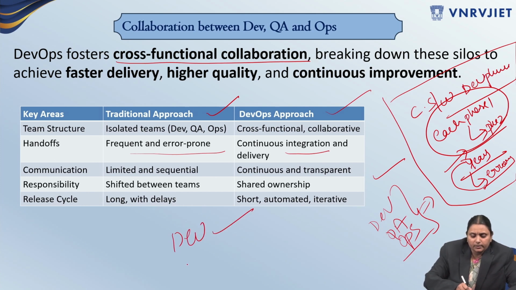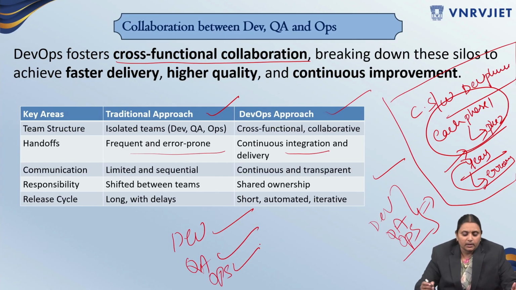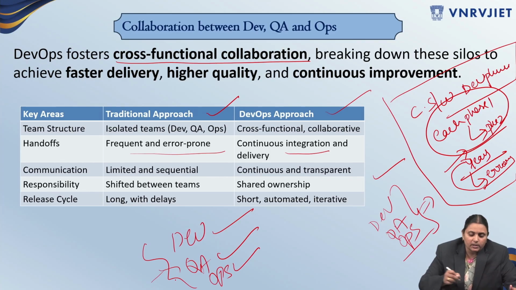The dev team works separately, the quality assurance team works separately, the operations team works separately, so there is not much communication between the different teams. It will be a sequential approach. But in the DevOps approach, all the team members work together continuously, and it will be transparent. Each team member will be working in a transparent environment.